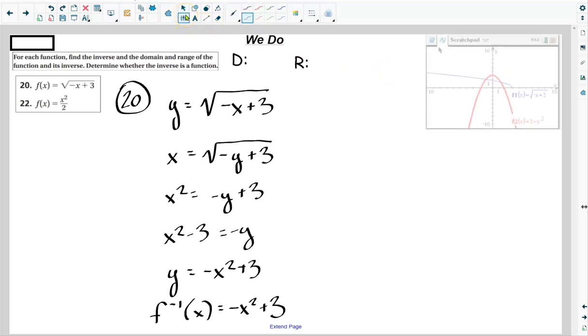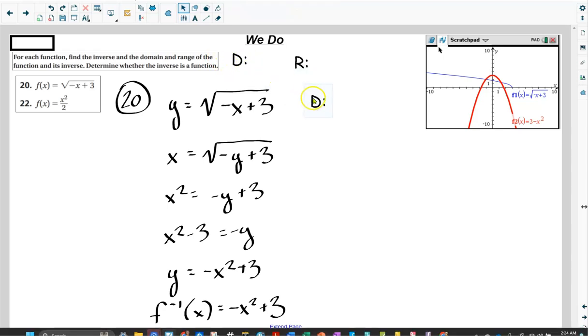What they want us to do is describe the domain and range for both of them. Let's go ahead and do that.